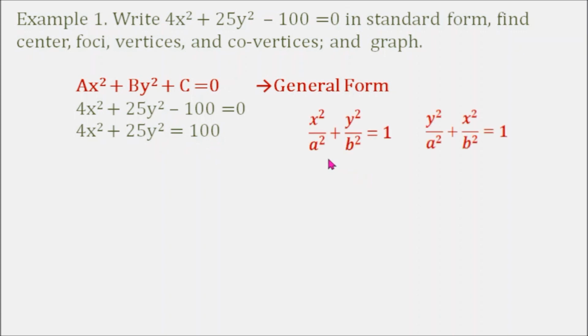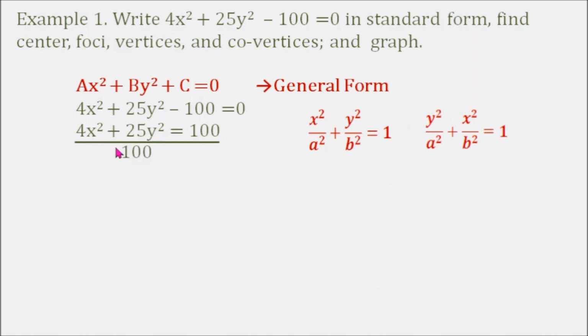These are our standard forms, and the right side is 1. So that means our right side here must also be 1. So to do that, we are going to divide our equation by 100.